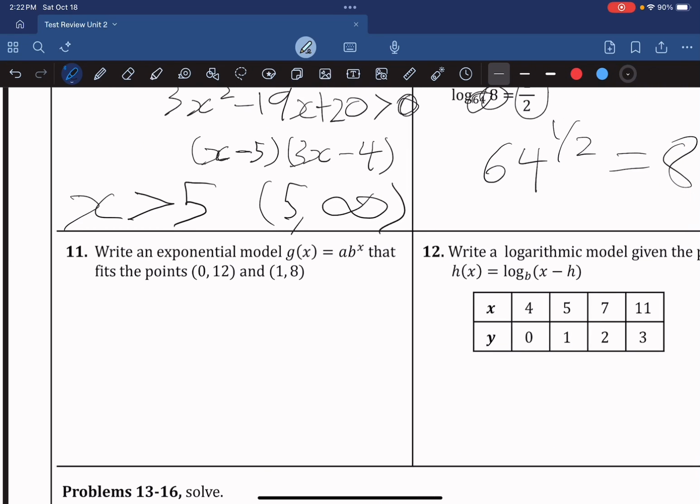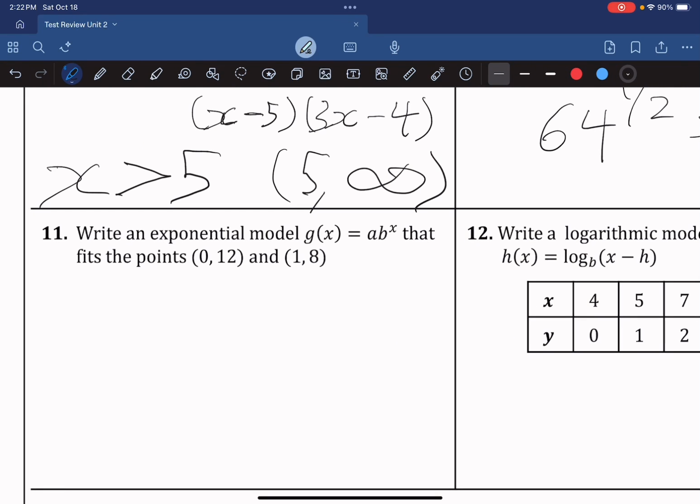number 11, write an exponential model, g of x equals a to the bx, that fits the points (0, 12) and (1, 8). So you see that it's a gap of 1, and it decreases from 12 to 8, right?